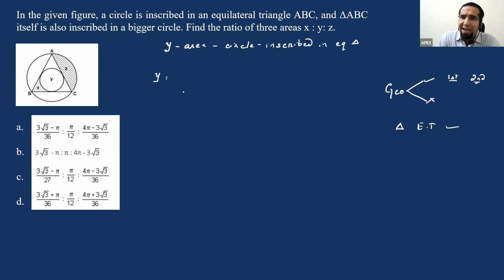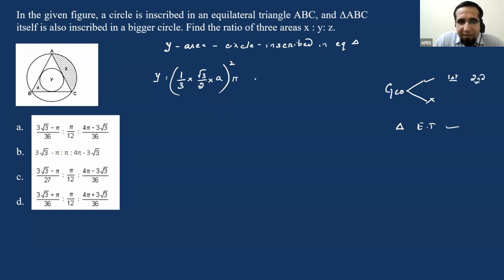If the side of the equilateral triangle is a, then the inradius of the equilateral triangle is 1/3 of root 3 by 2 into a. That is, 1/3 of the height of the equilateral triangle is the inradius. And then pi r squared becomes the value of y from here.